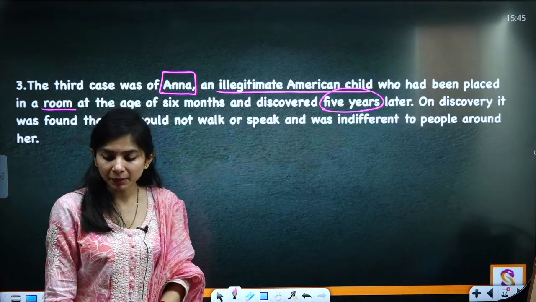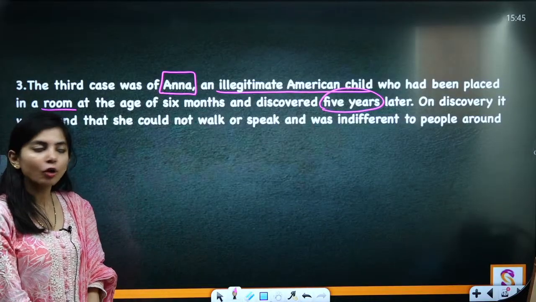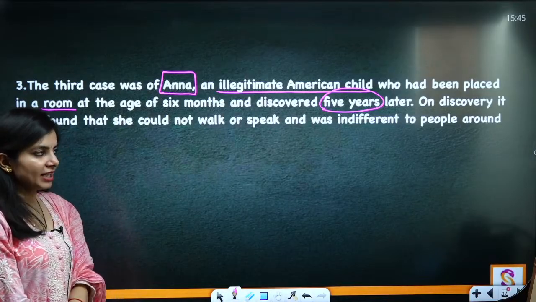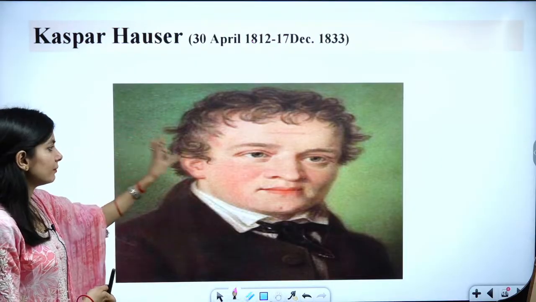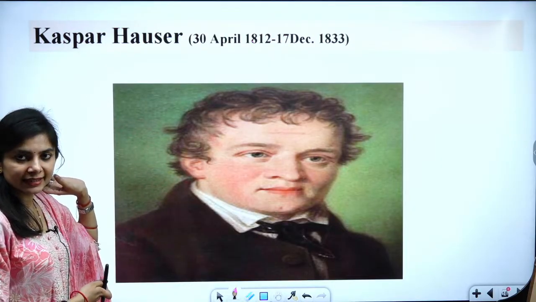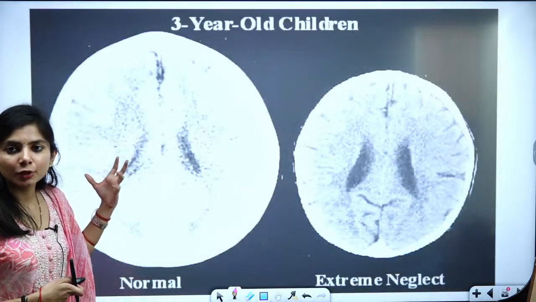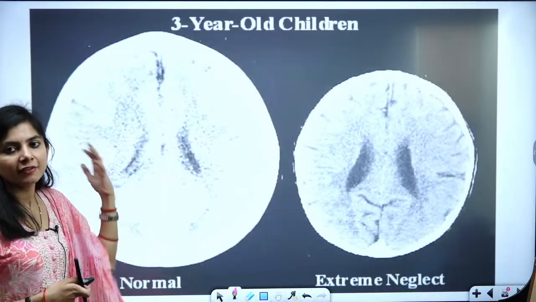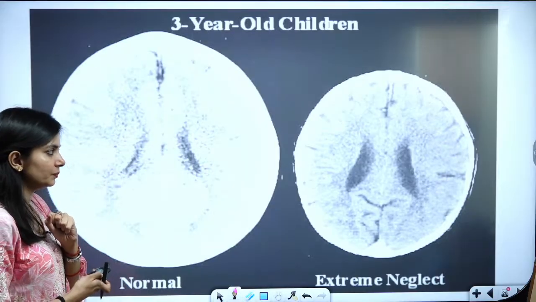To serve the purpose of society, we set up this system. Hope you are able to understand. So we looked at aspects related to human nature. We studied the case of Caspar Hauser, the case of the two Hindu girls found in a wolf den, and one illegitimate girl who was placed in a closed room.